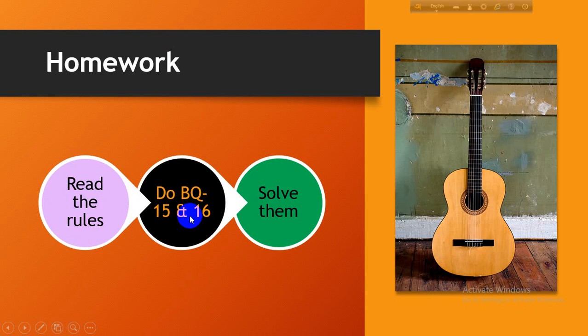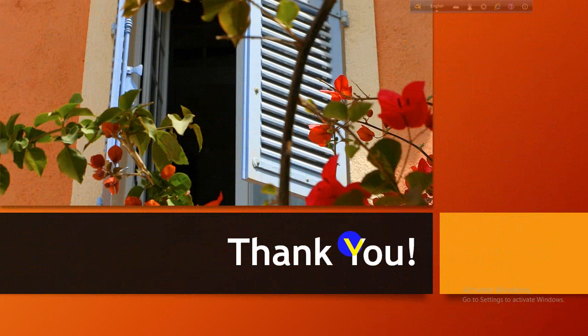And the second homework, do the board questions of the years 2015 and 2016. And after that, try to solve them according to the rules. So dear student, that will be your homework, and thank you very much for enjoying the class with me. Thank you.